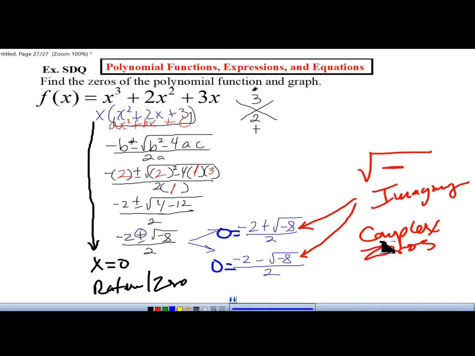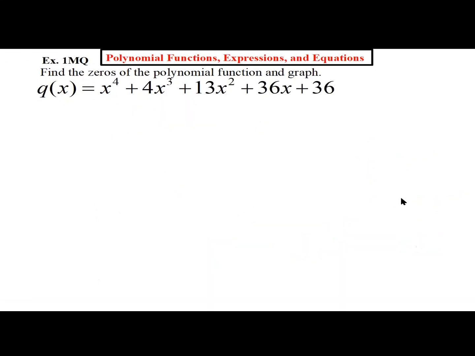All right. It's another one. Ready? Here we go. This next one's going to go pretty fast. Copy this one. Example, q of x equals x to the fourth times, x to the fourth plus 4x cubed plus 13x squared plus 36x plus 36.